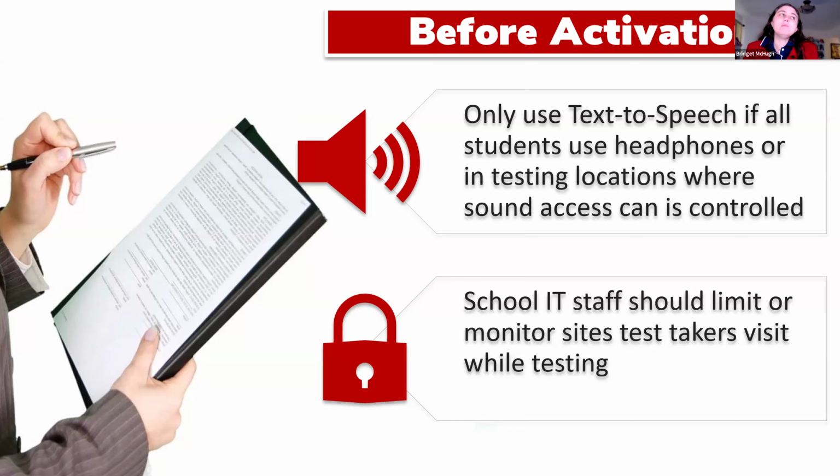The other big risk is if they can record items by having access to certain sites while they're testing, and then share them with other people. We call this item harvesting, and sometimes multiple people will do it together and try to get as many test questions as they can to give themselves an edge.